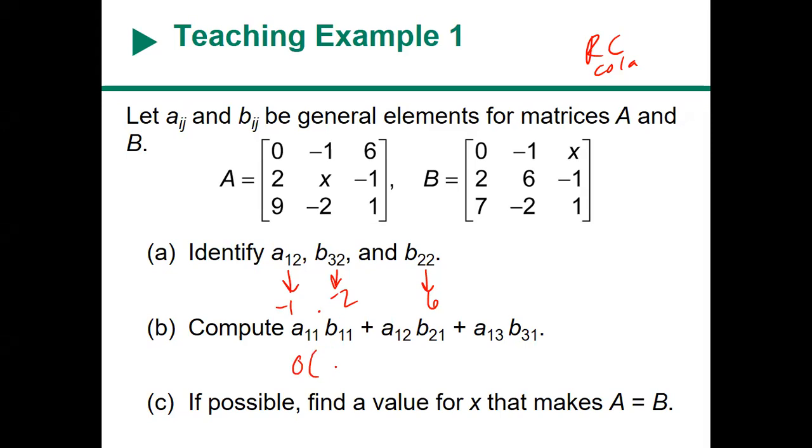What is B11? What's A12? A12 is -1. What is B21? Row 2, column 1. What was A13? 6. And what was B31? 7. So the math here, we have 0 minus 2 plus 42 equals 40.